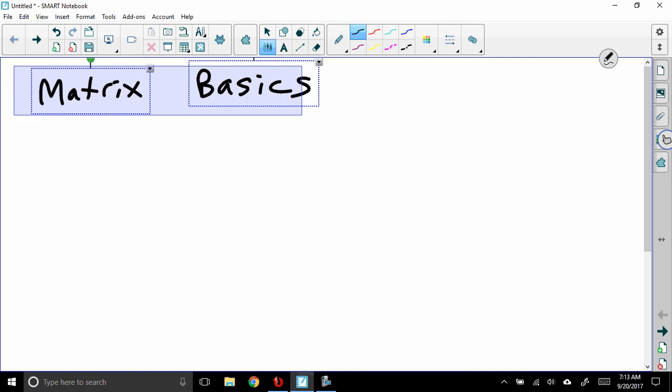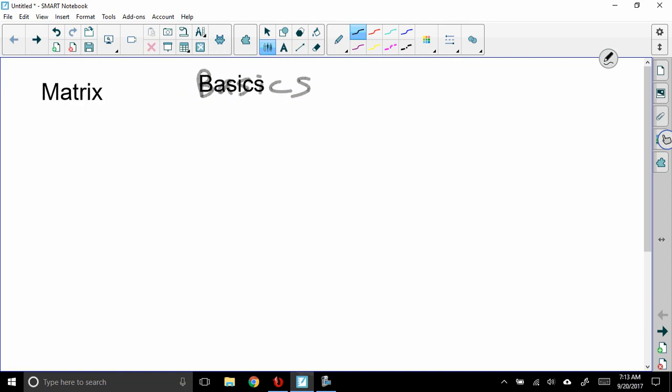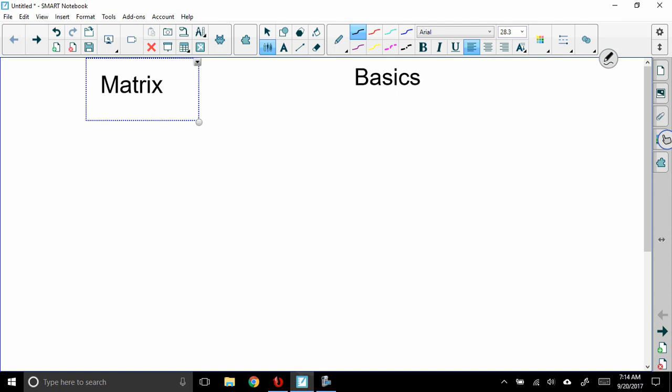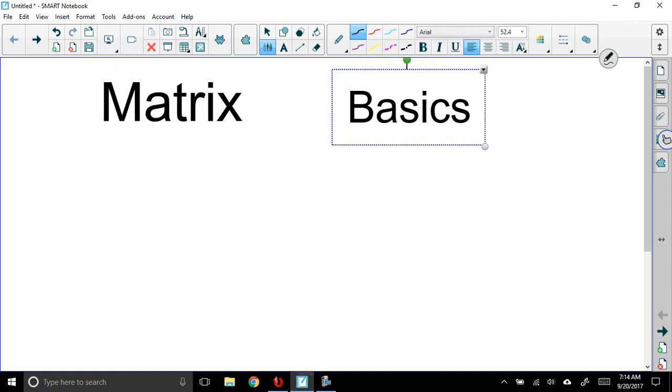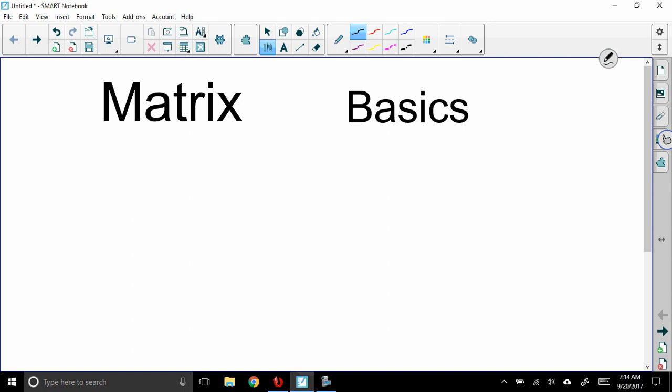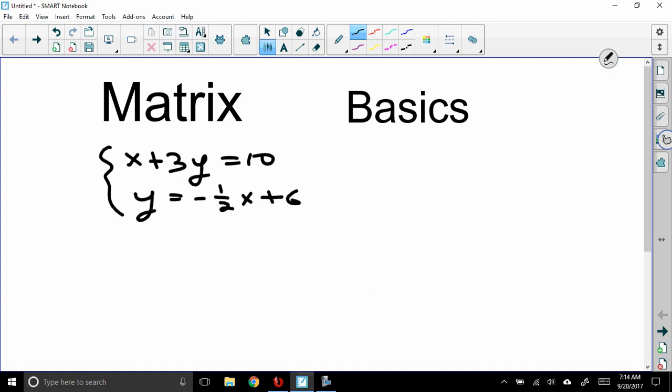But anyway, in studying systems of equations, a lot of times we study a variety of ways to solve them. If you recall back to Algebra 1, if you had a system of equations with x plus 3y equals 10, and maybe y equals negative 1 half x plus 6, you might learn how to solve that with the substitution method.